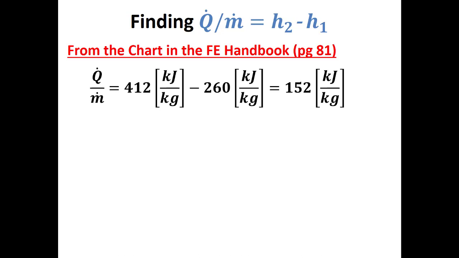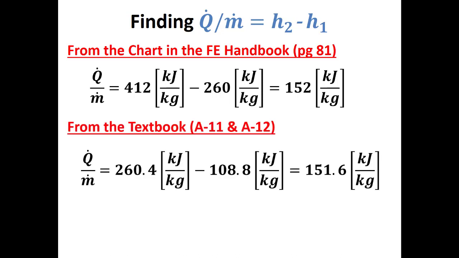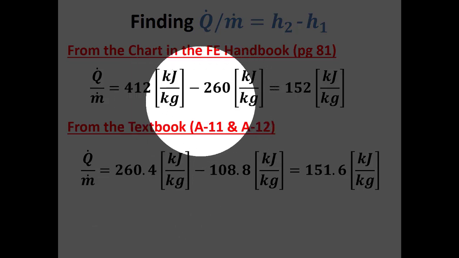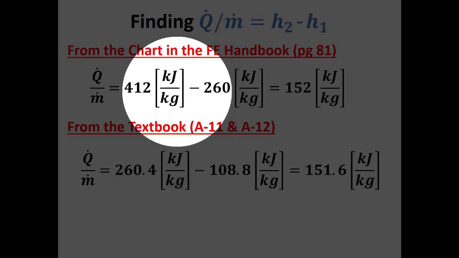If I do Q dot over m dot from the table, I get 152 kilojoules per kilogram. If I do it from the textbook, I got 151.6 kilojoules per kilogram. So this means that I did a reasonable job of reading these values off the chart, or at least that I made errors consistently in the same direction, right?